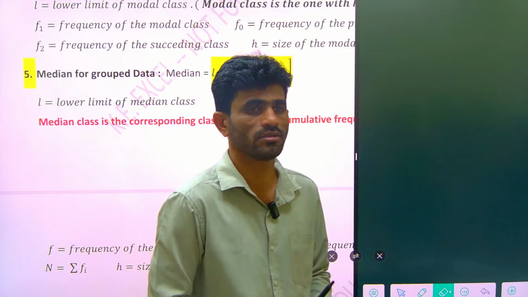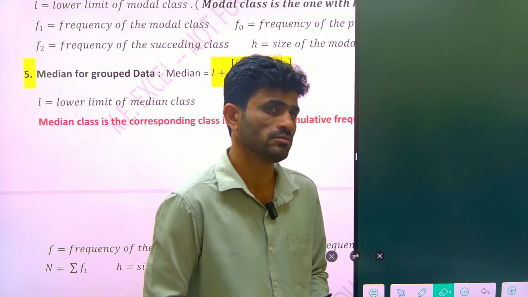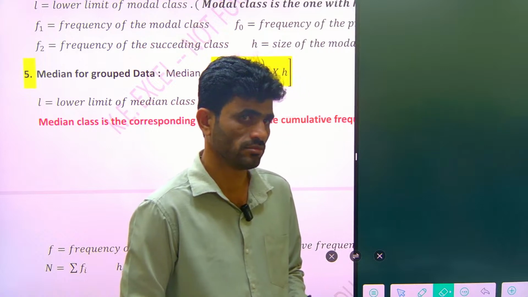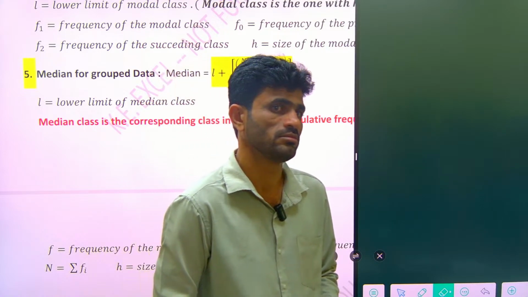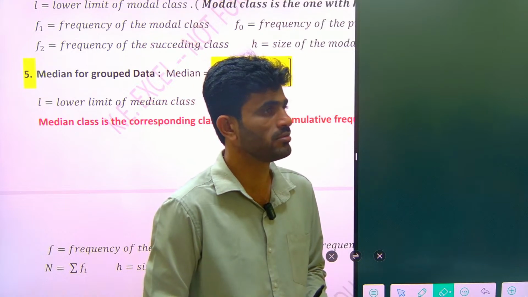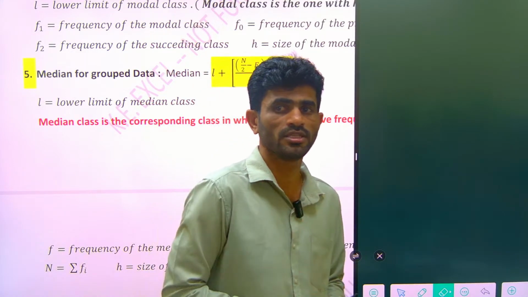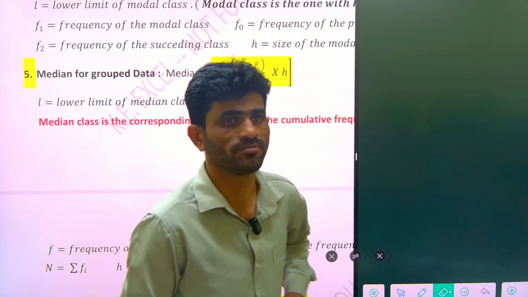Stand up, that is wrong. Correct. In that, do you have N by 2 anywhere? Now tell me, Aditya, how do we identify the modal class?